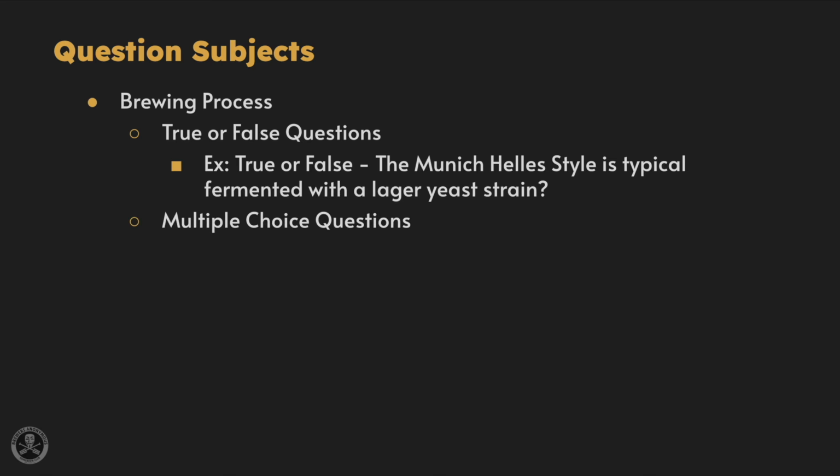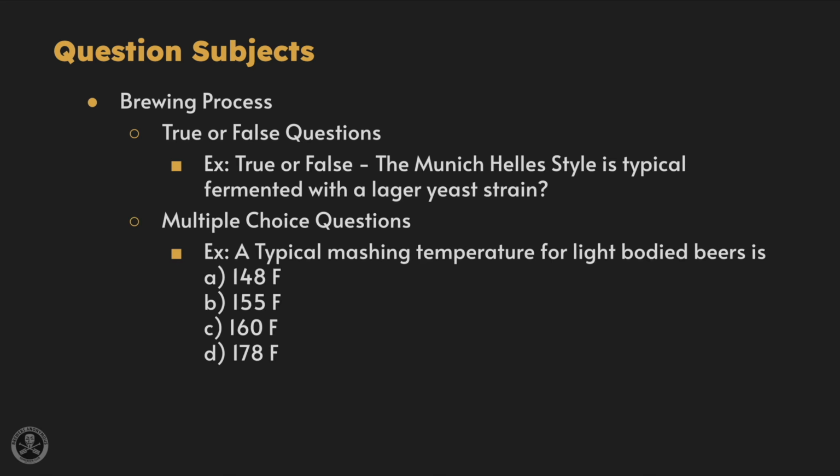A multiple choice question for brewing process could be: a typical mashing temperature for a light body beer is A, 148 degrees Fahrenheit, B, 155 degrees Fahrenheit, C, 160 degrees Fahrenheit, or D, 178 degrees Fahrenheit. And the best answer to this question would be A, 148 degrees Fahrenheit.